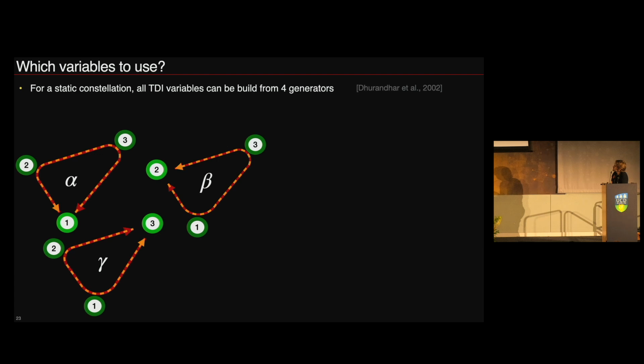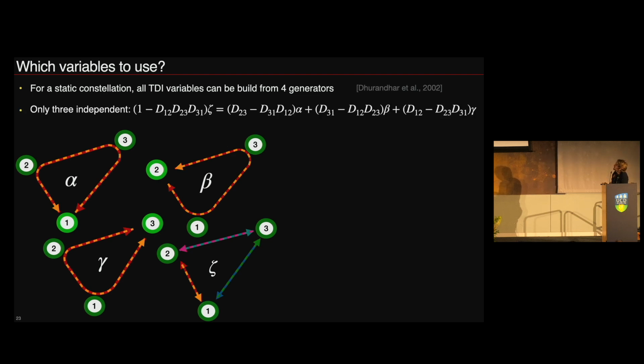And the fourth generator is the so-called zeta combination, which is this symmetric measurements between all spacecraft, and it's relatively sensitive to gravitational waves. Now, to exactly represent the space, you need 4 in this scenario, but these 4 are not independent, but only 3 are independent. One way to think about it is that there's only so much information you can extract from a triangle.